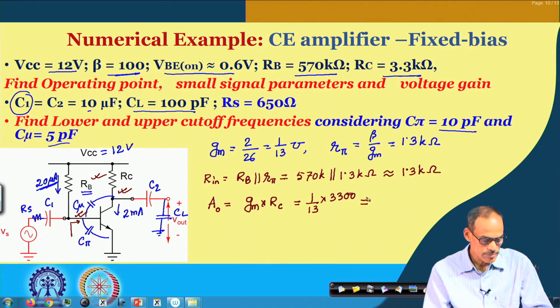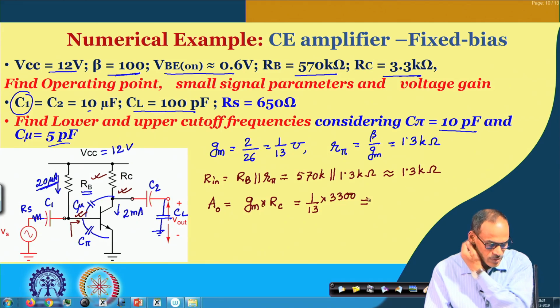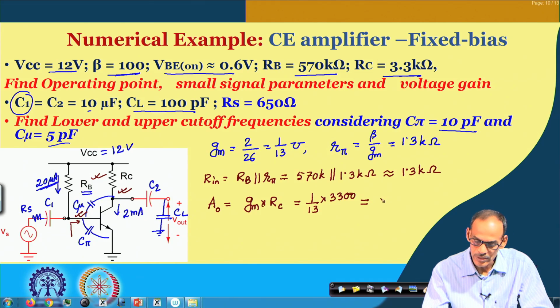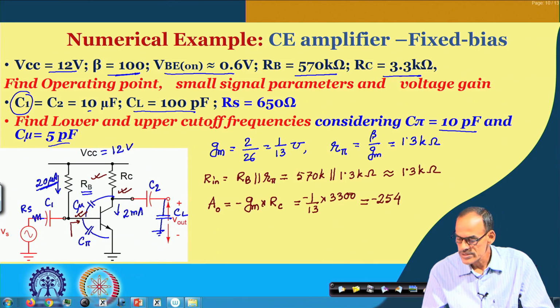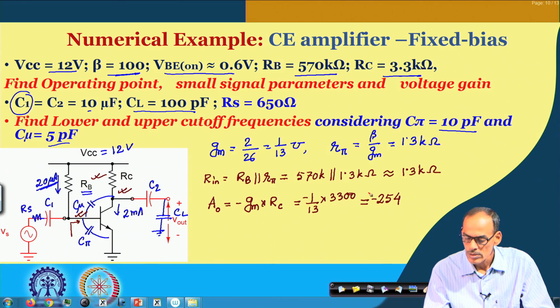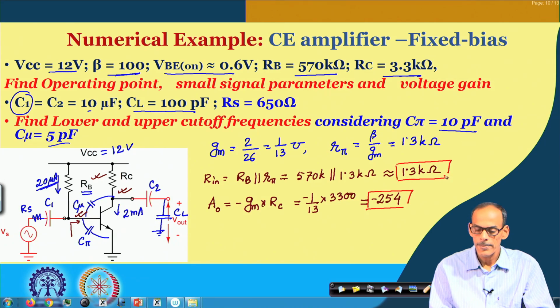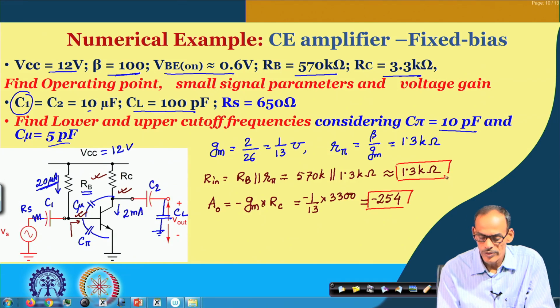So, that is close to whatever we obtained earlier, but to be more precise, I think it is 254, of course, with a minus sign. So, the voltage gain here is minus 254, input resistance is 1.3 K, and then we can calculate the input capacitance.